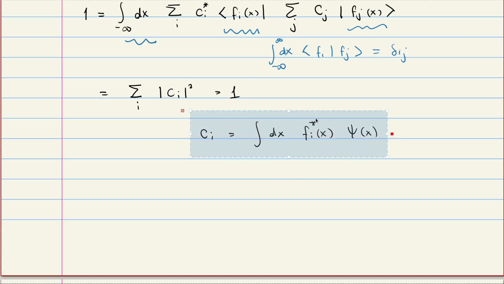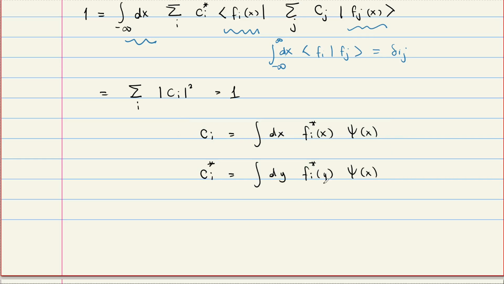And I can also write Ci star, with a different integral variable because these are different integrals, from minus infinity to plus infinity. So this is dx and this is dy, and I want to plug this back in here. I already did the calculation, but now I'm going backwards, and you'll see it's going to give a different result.